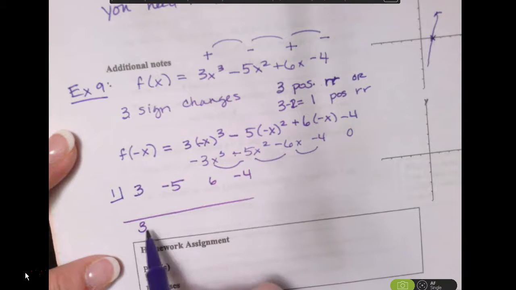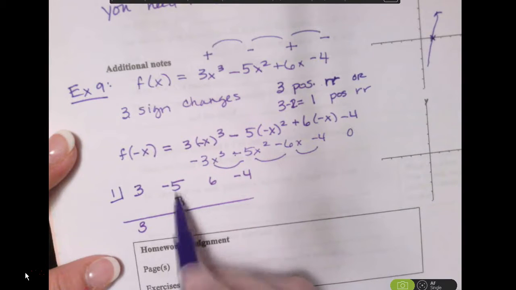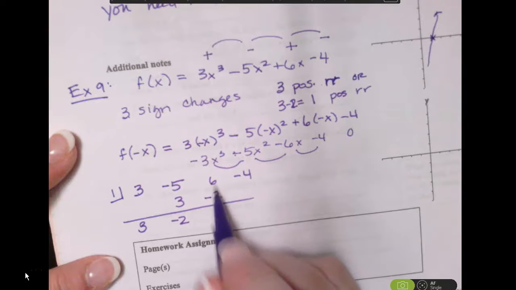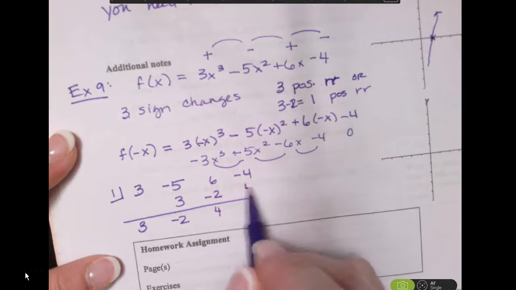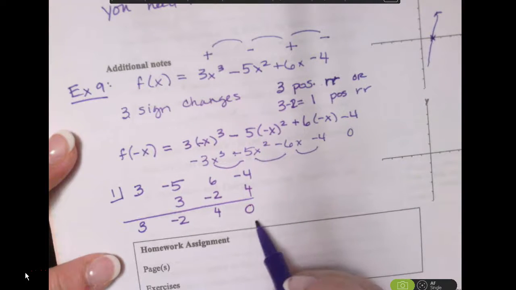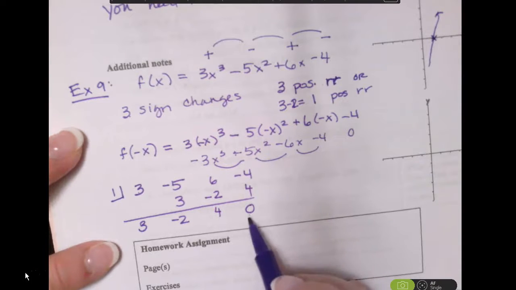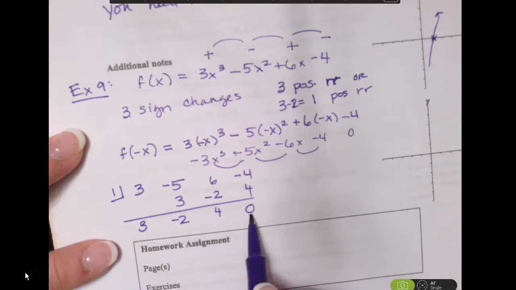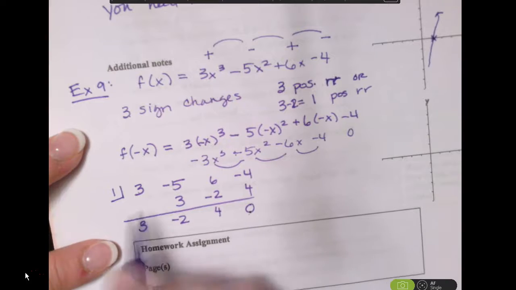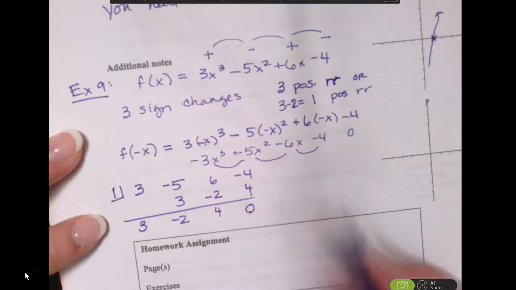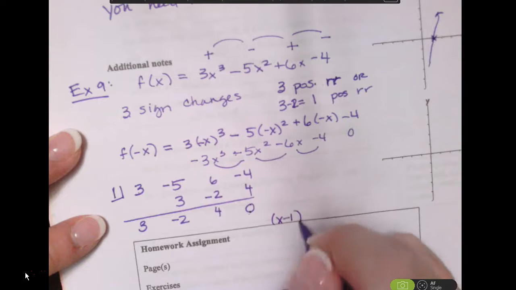So I'm going to bring down a 3. 3 times 1 is 3. 1 times negative 2 is negative 2. 1 times 4 is 4. So yeah, you see how when you synthetically divide something that's an actual root, you're going to get a 0 remainder, which means x minus 1 goes in evenly, so that's one of the factors.